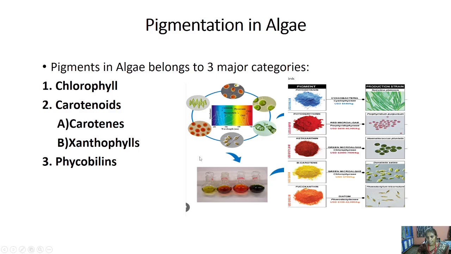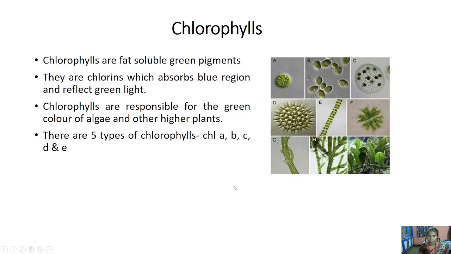Here we can see the various pigments: chlorophyll, which is mainly green in color, carotenoids, which are orange pigments, and phycobilins. Xanthophylls are yellow color pigments. Here we can see different types of pigments isolated from different groups or classes of algae.